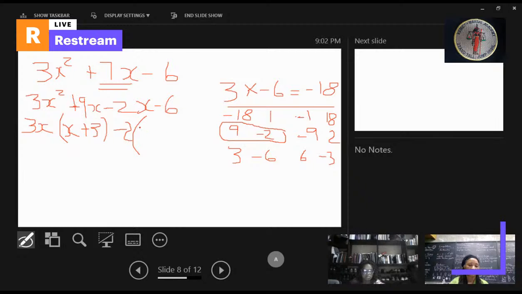Then negative 2 into negative 6, negative divided by negative gives you positive, so plus 3. And the new one would be 3x minus 2 and x plus 3.